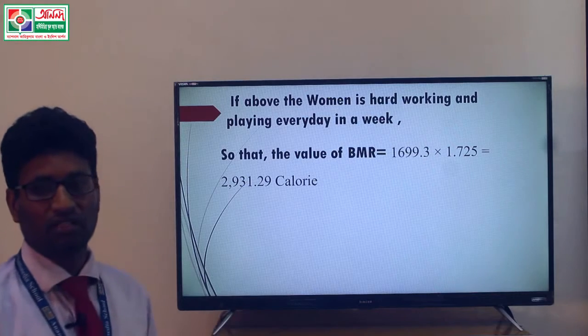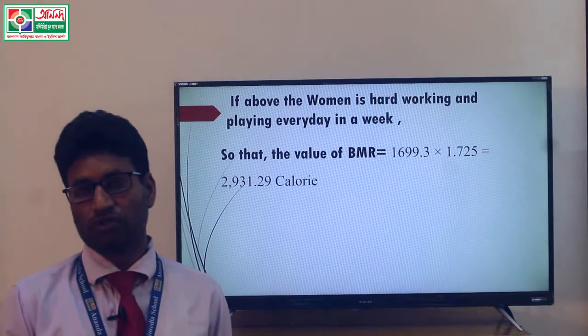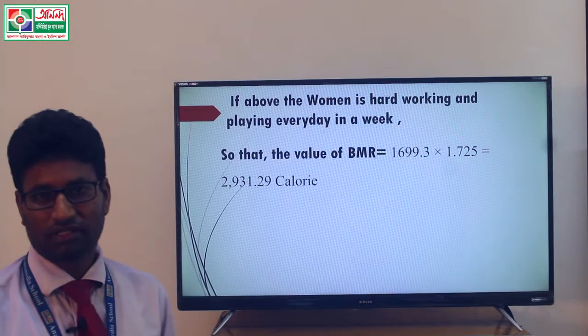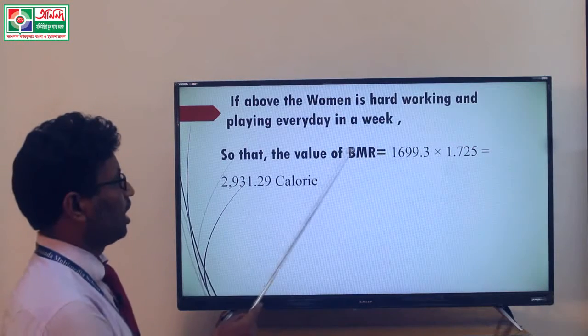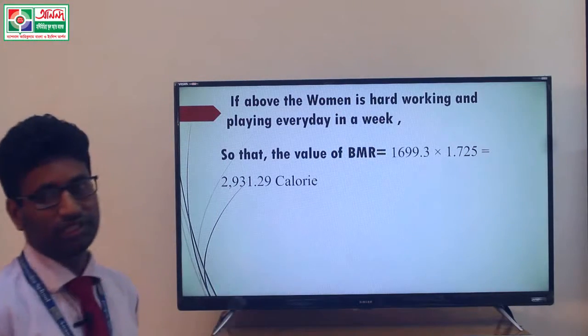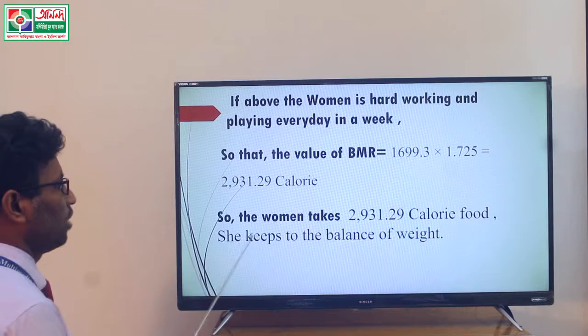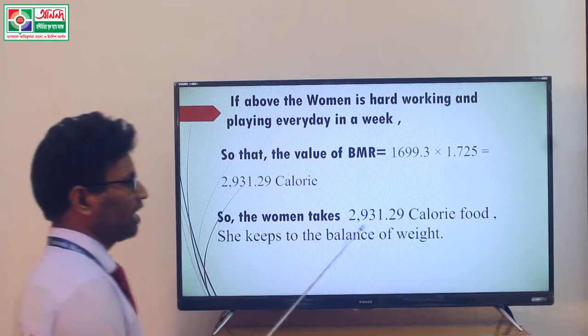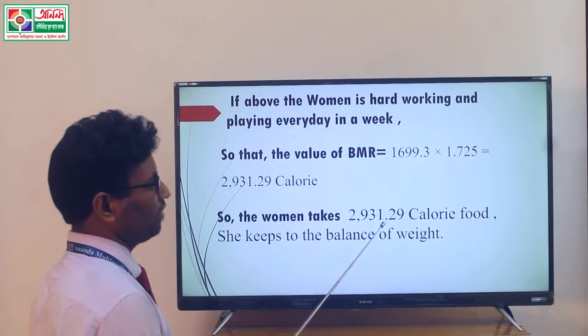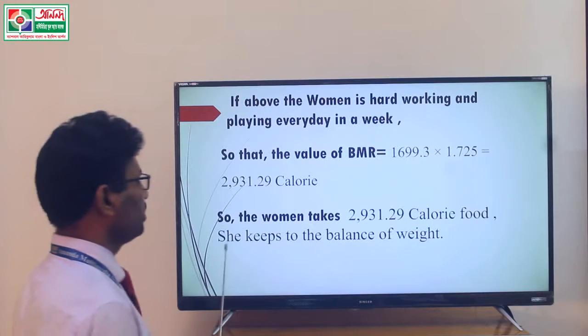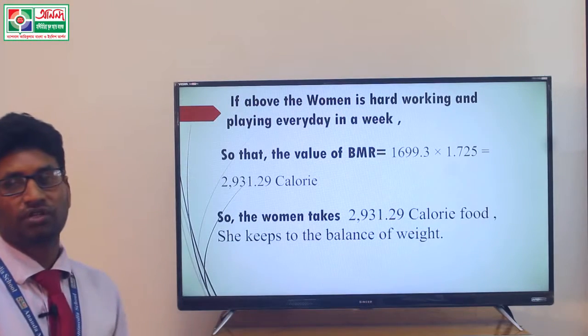This is the main result of the BMR value of that woman for the condition of hard working and playing every day in a week. So if the woman takes 2931.29 calories of food, she keeps her weight balanced.